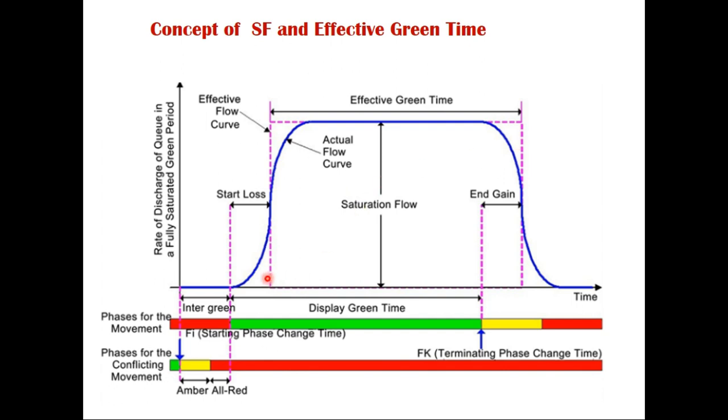Then the base of this rectangle is called effective green time, that is effectively available for discharge of the queue, and this time here is called start loss time and this is the end loss time here.